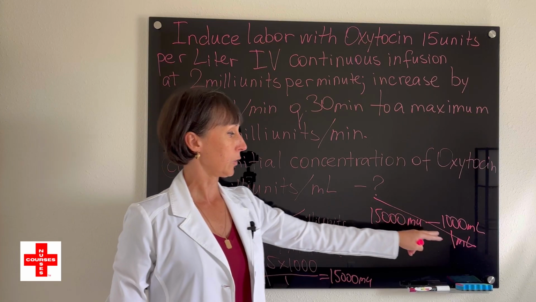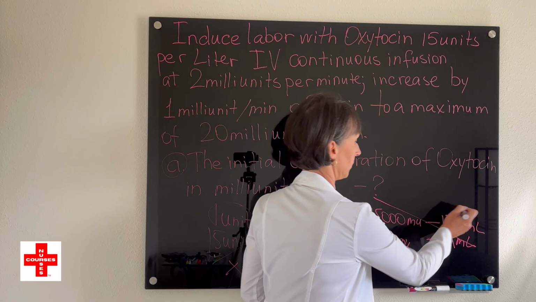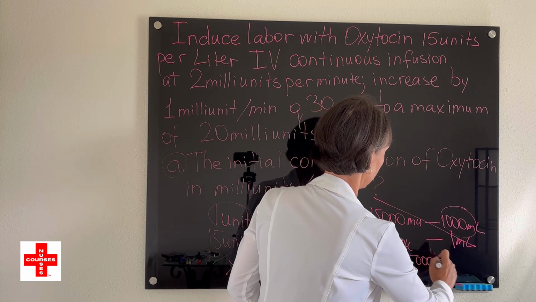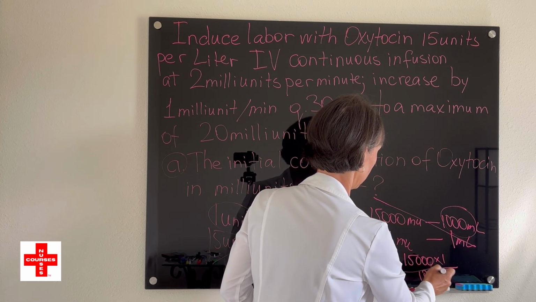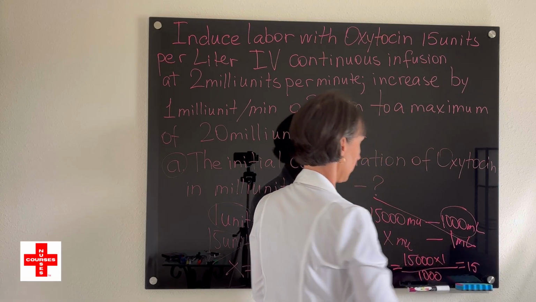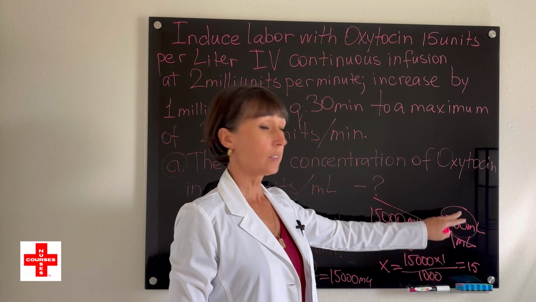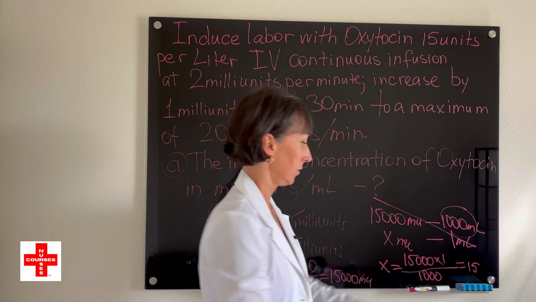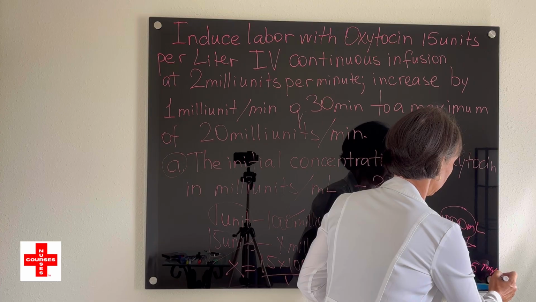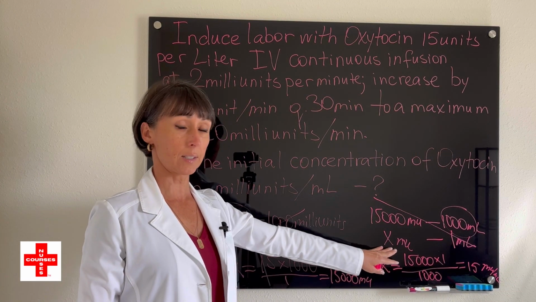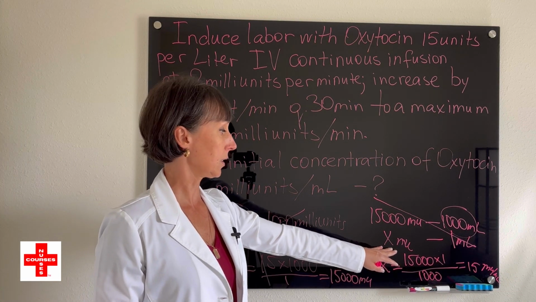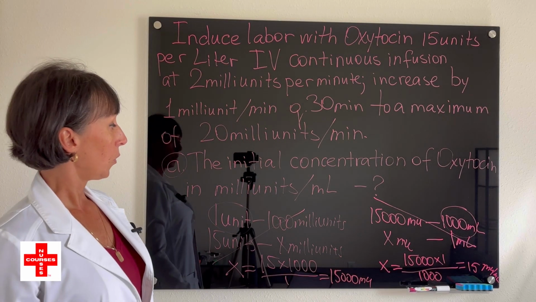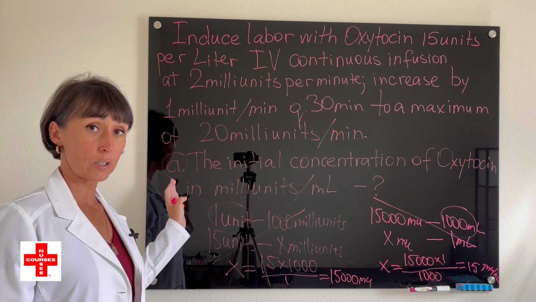Again, I'm going to multiply on the diagonal and divide by the third number. 15,000 times 1 divided by 1,000, giving me 15 milliunits per milliliter. I know I found milliunits because I set my X under milliunits, and I know it's per milliliter because that's what I was looking for. We answered question A. Let's go next to question B.